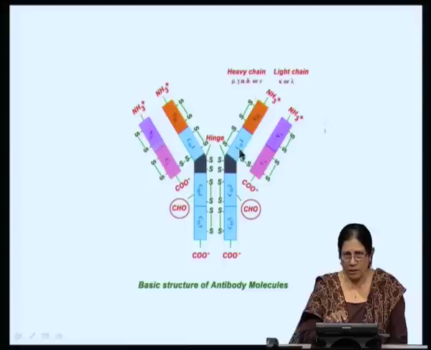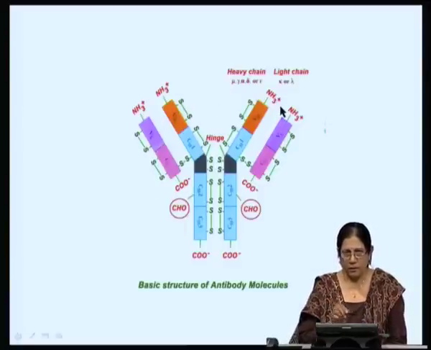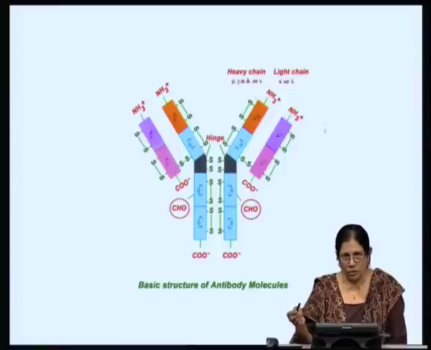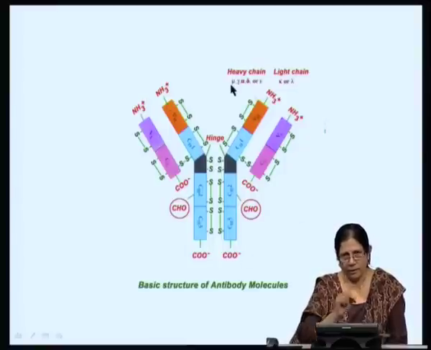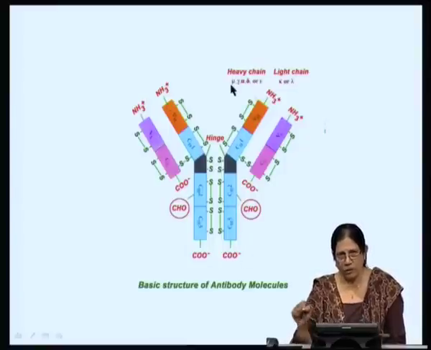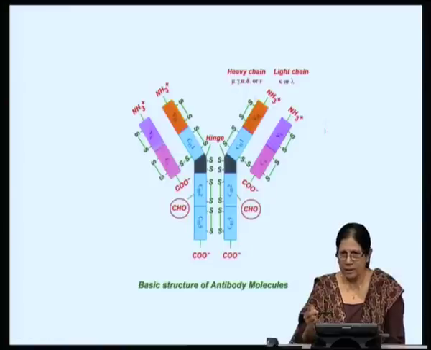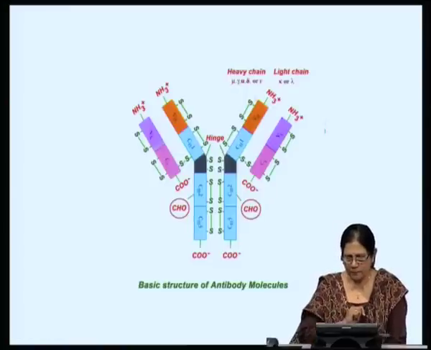Both heavy chains of an immunoglobulin molecule are identical, and so are the light chains. An antibody molecule is at least bivalent, in comparison to those which have more than one monomer, where the valency can go as high as 10, and we will see that in a while.